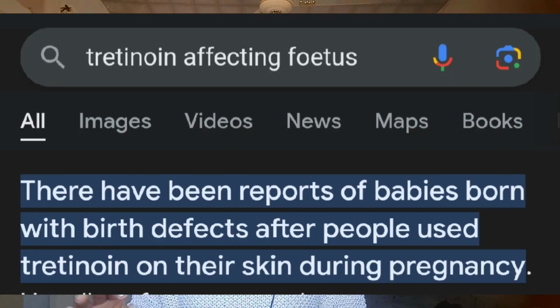People that just conceived or were using tretinoin before they got pregnant cannot continue using tretinoin, because studies show that tretinoin can be absorbed into the bloodstream, which is detrimental to the developing fetus.